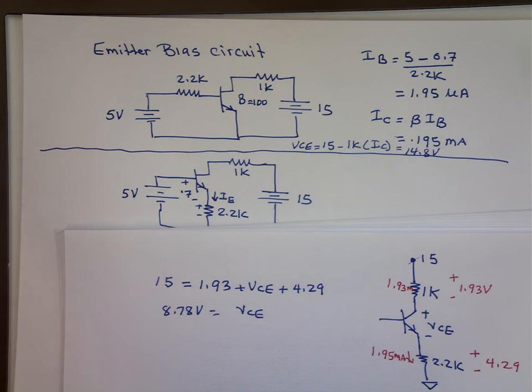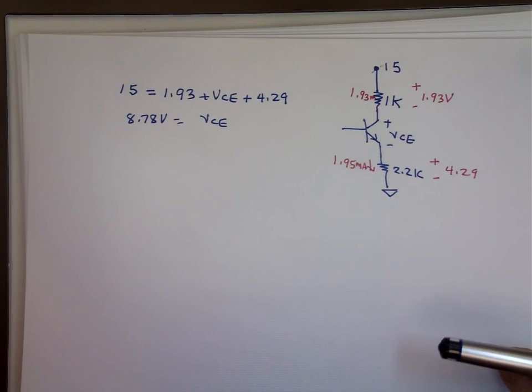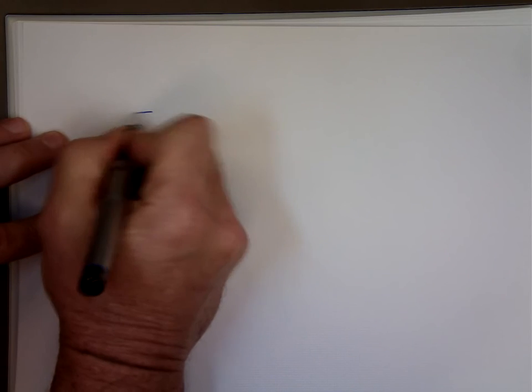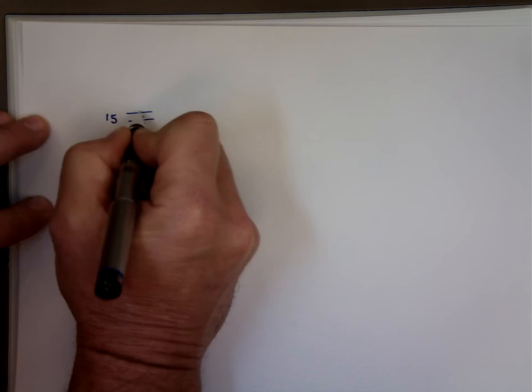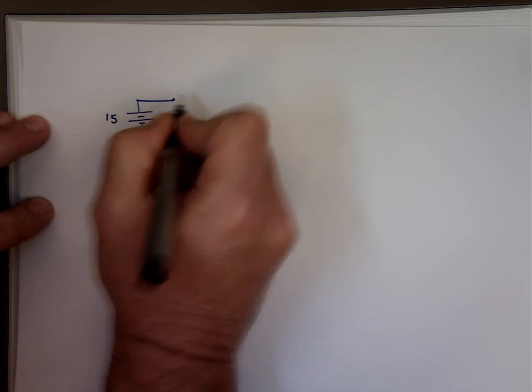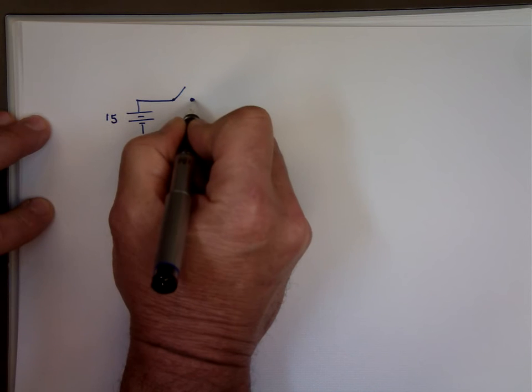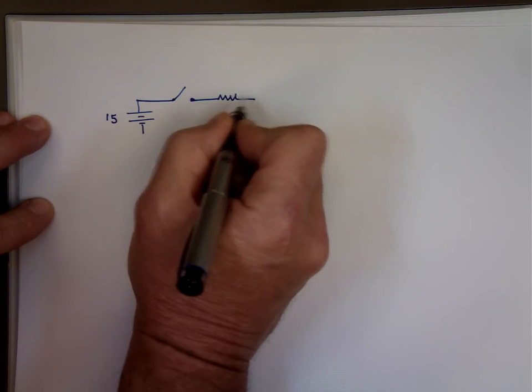Now, let's take another one here, and let's combine this chapter with another one. Let's put an LED with this. So let's take this one, which is 15 volts, and let's put a switch here. And this is 15K.